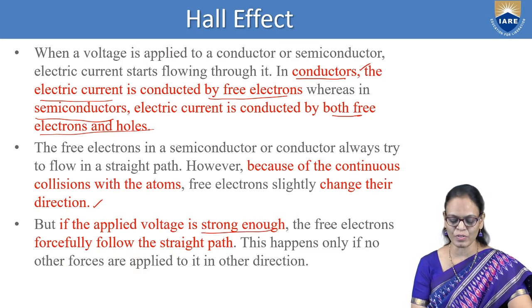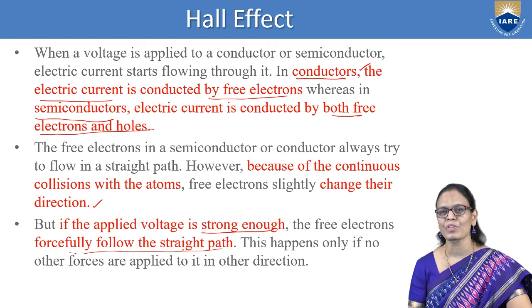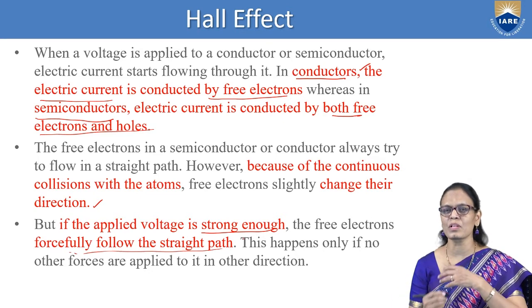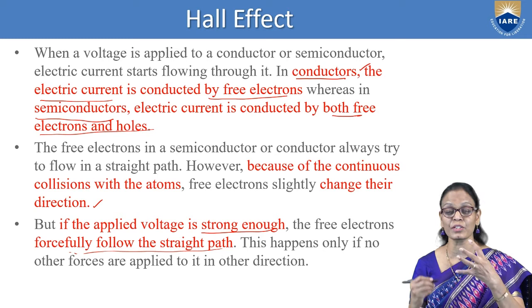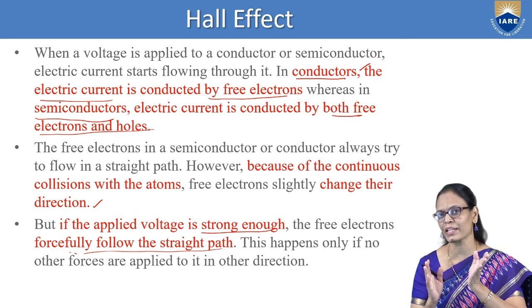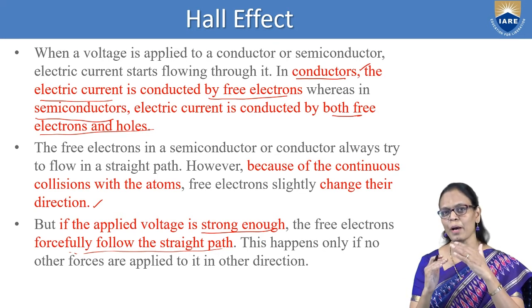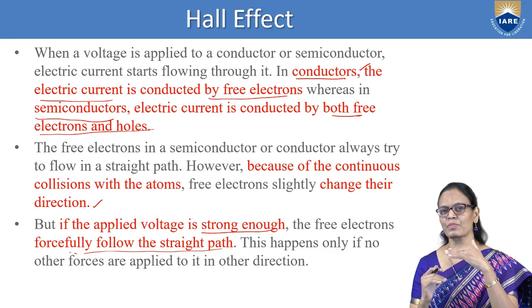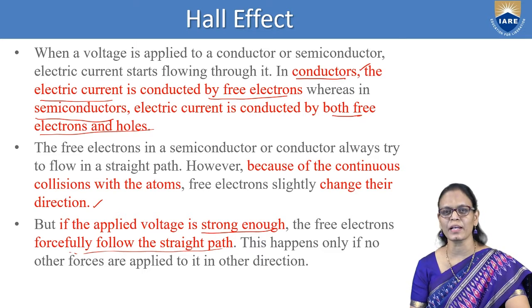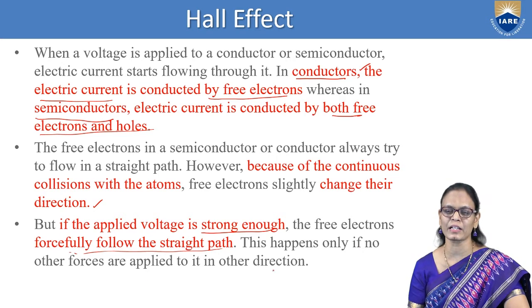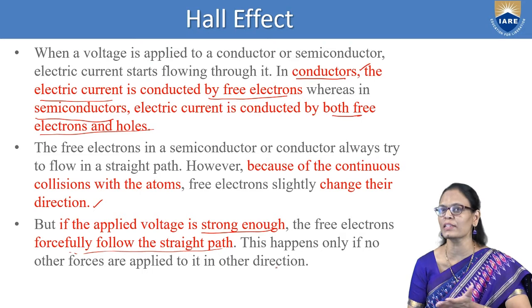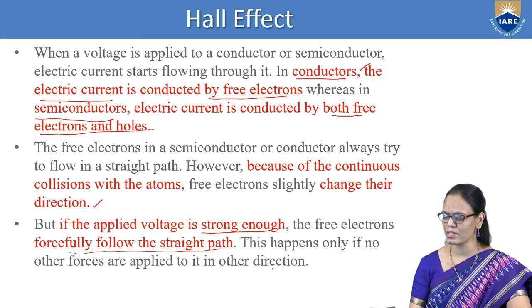The free electrons will forcefully follow a straight path. Electrons flowing along a straight direction may change their direction due to collisions, but on applying a field, they again try to travel in the same direction along the straight path. This happens only if no other forces are applied in that direction. There should not be the effect of other forces on the flow of electrons.